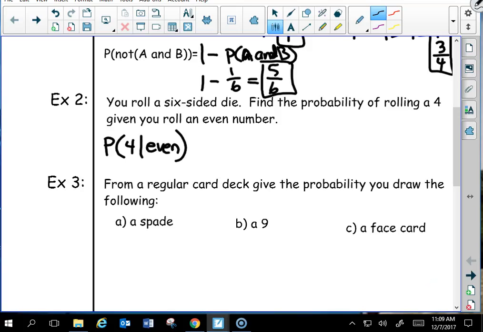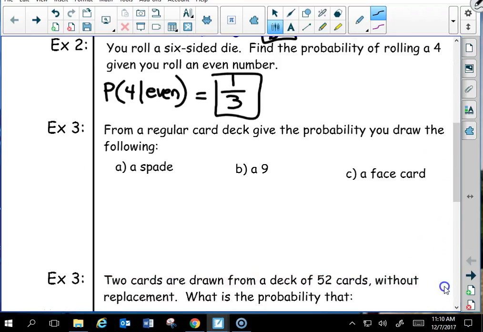Well, if you look at a die, 3 out of the 6 numbers on the die are even, and 4 is also an even number, so we get 1 out of 3, and that's fully reduced. So on this one, now we do have formulas for finding something out given, but often you just use some common sense to figure these out.